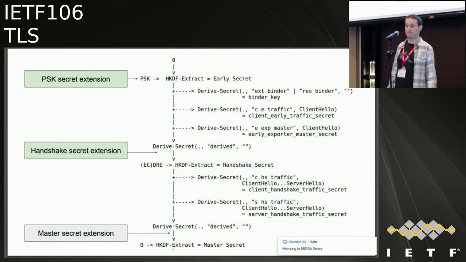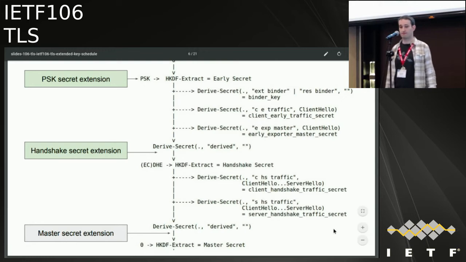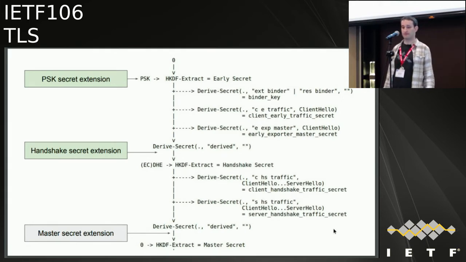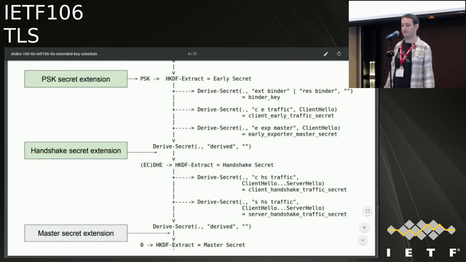No, hang on. Ignore the top. The bottom 0. Like everywhere else in this key schedule, the thing that comes from the left is the IKM, the initial random input keying material, and the thing that comes to the top is the salt. And if you just scroll up one HKDF extract above, you're extracting the DHE secret. And so I'm saying I don't understand why you can't put an IKM on that 0 slot in the bottom.